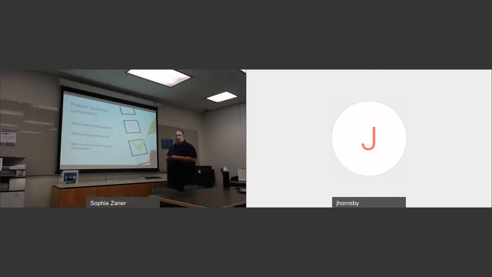So as you're writing this problem statement, the mental checklist that you should have is you want to cover these 3 areas. So what is the problem? And when you're talking about what the problem is, who is the problem for? So again, is this something for teachers, administrators, parents, policymakers?